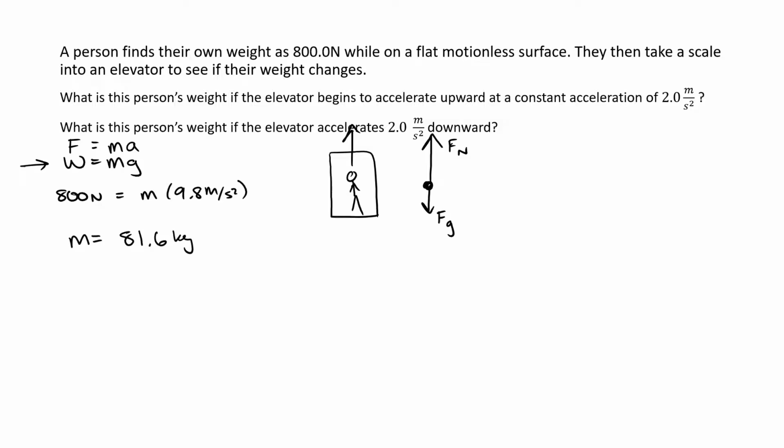Let's sum the vertical forces. In this problem, we don't have to worry about horizontal. We're not going left and right. So we only have two vertical forces: normal force going up and the force of gravity, or its weight, going down.